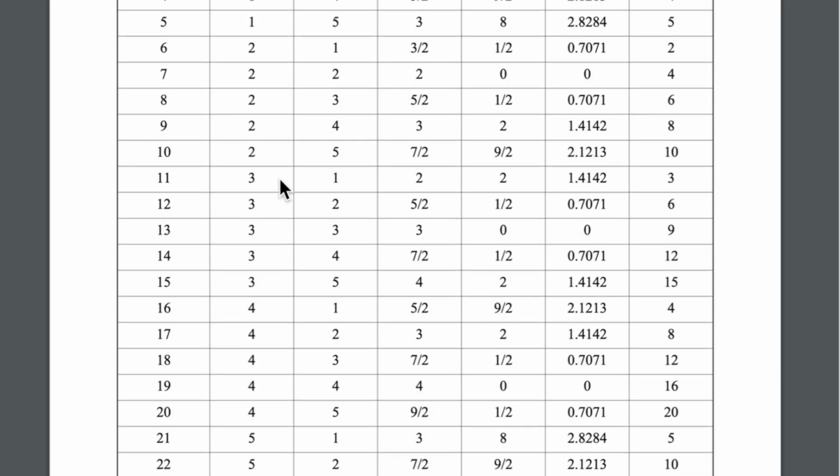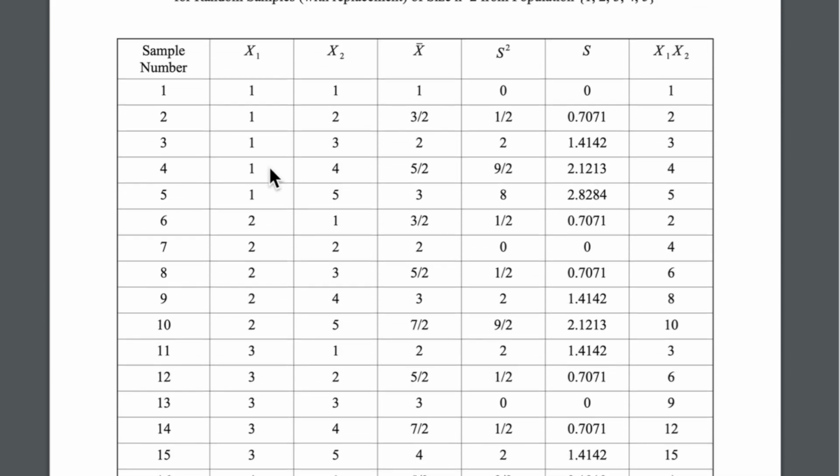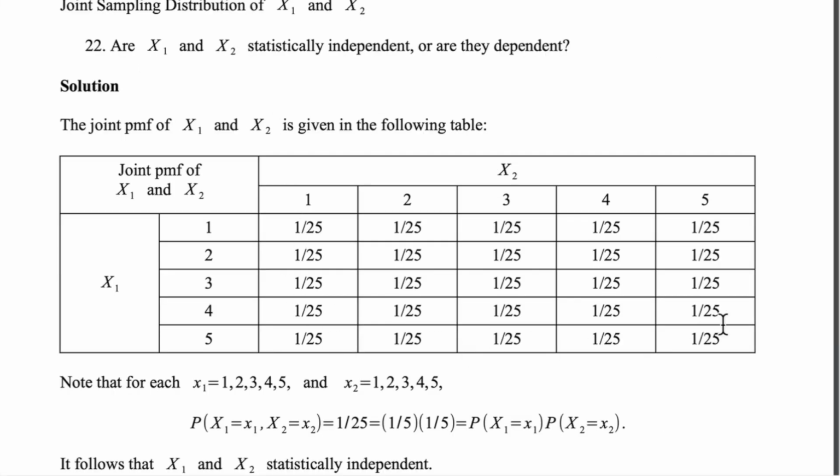We said earlier that because we're sampling randomly, each of these possible samples has the same probability, and in particular, that probability is 1 over 25. And so that is where we're getting these values here. Now, are X1 and X2 statistically or stochastically independent, or are they dependent?